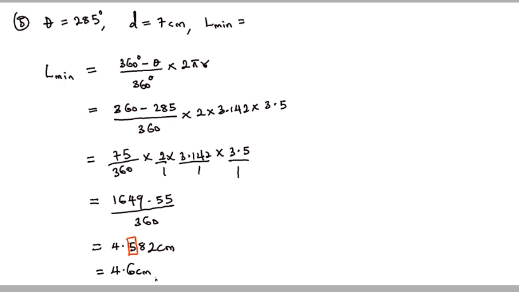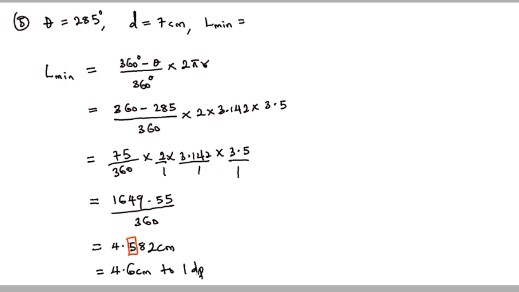But from where I got this question, it is an objective question, so it has options. Option A is 4.58. Option B is 8.02 centimeters. Option C is 16.04 centimeters. Option D 32.08 cm, and option E 34 cm.